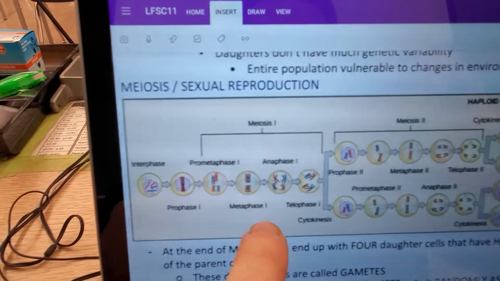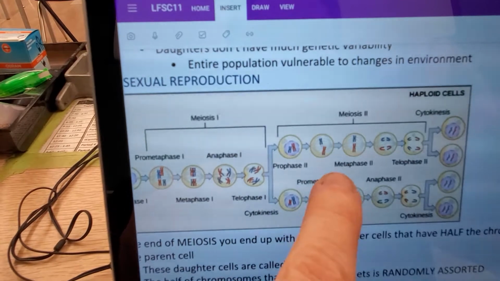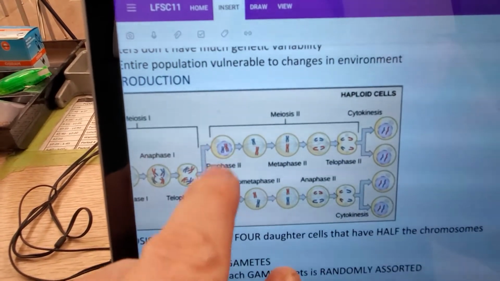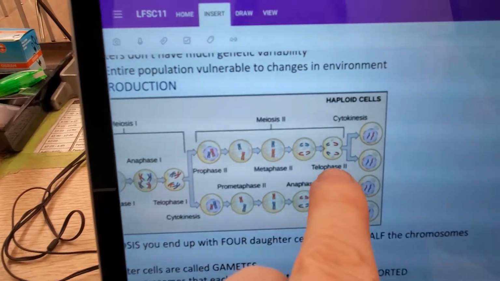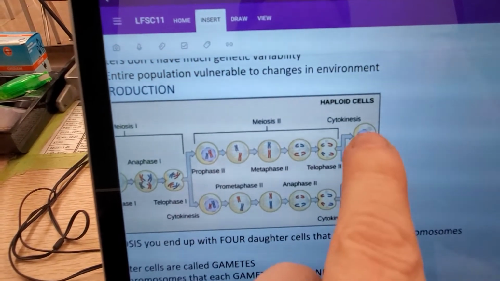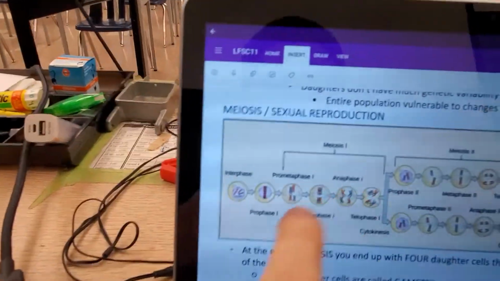mitosis. You kind of copy first into two cells, and then those two daughter cells split again, and so what ends up happening is there are four daughter cells, and those four daughter cells now only have half the chromosomes because you've only duplicated the chromosomes once.